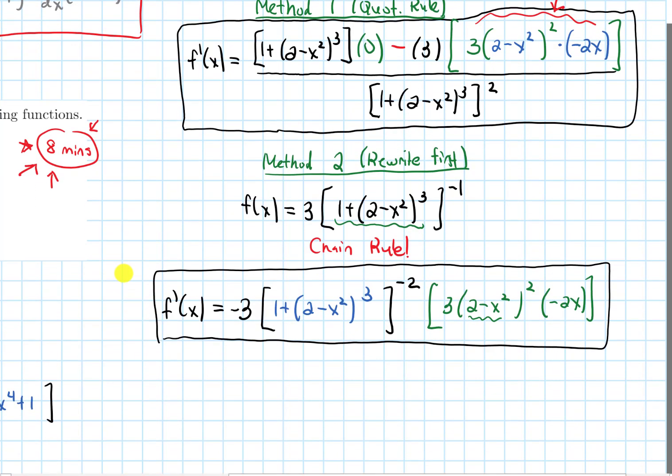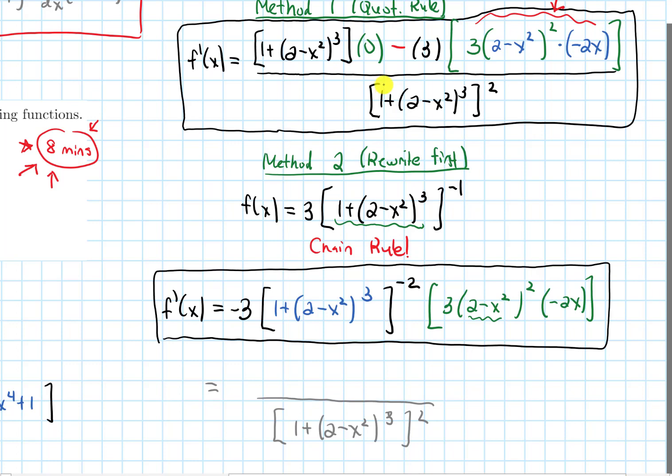All right, and for practice, if I needed to simplify this, what would this be equal to? So this whole thing to the negative 2, I'm going to rewrite that and bring it to the denominator as a positive 2 power, and now I'll get 1 plus 2 minus x squared being cubed. And notice this is starting to look like what I got from method 1.